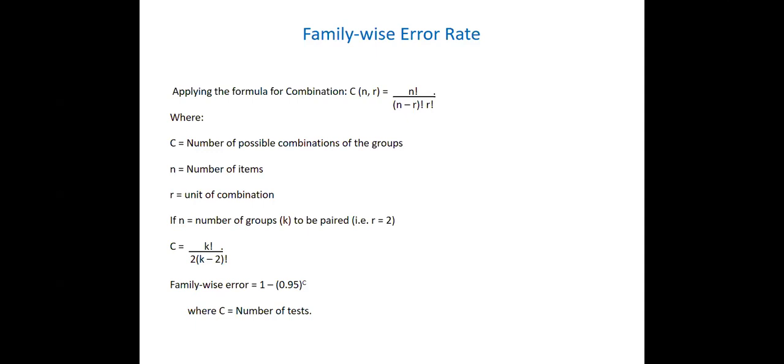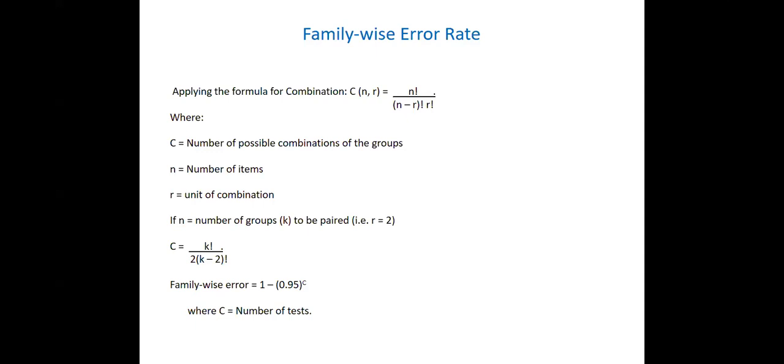It is the probability that whatever you find is due to chance. If the probability that something is not there and you say it's there is very high, that shows that you have committed a type 1 error. It's an error of commission.